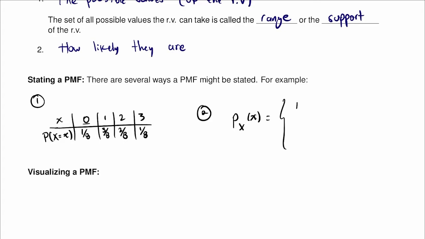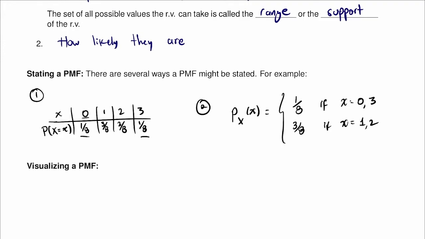The PMF is going to be 1 over 8 if x is 0 or 3, and 3 over 8 if x is equal to 1 or 2, and 0 otherwise.